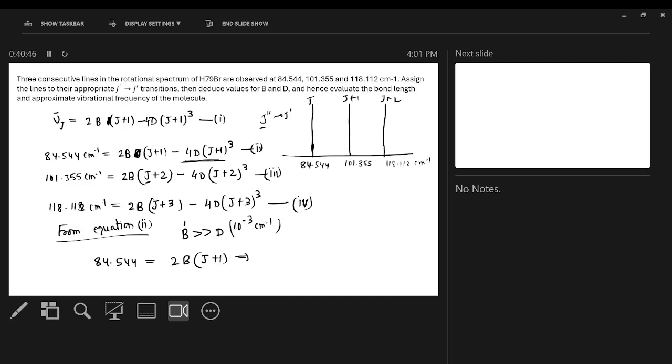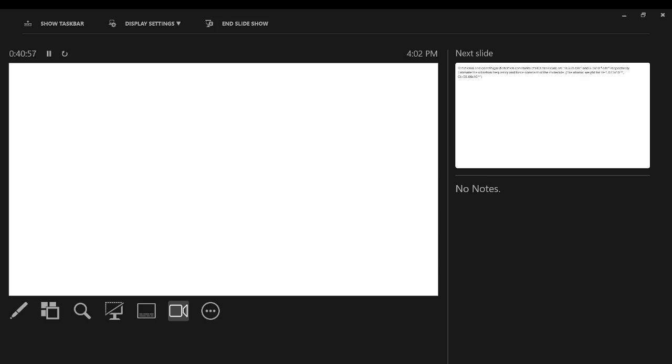Sorry, I made some mistake here, so I'll cross this term. We'll take the difference, so we'll calculate equation 3 minus 2. On the left hand side, 101.355 minus 84.544.